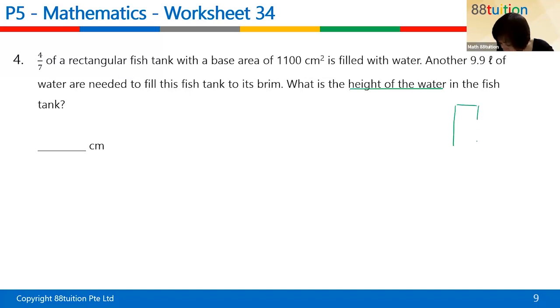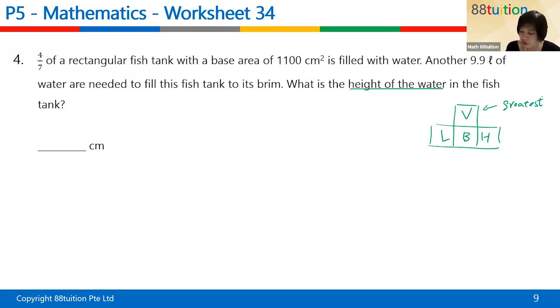Length multiplied by the breadth multiplied by the height, where volume is always the greatest one, the greatest is always on top. We also mentioned length times breadth gives you area. So volume is area multiplied by the height. Am I right? So in order to find height, I just quickly use the short form. In order to find height, I always use my volume divided by the area.